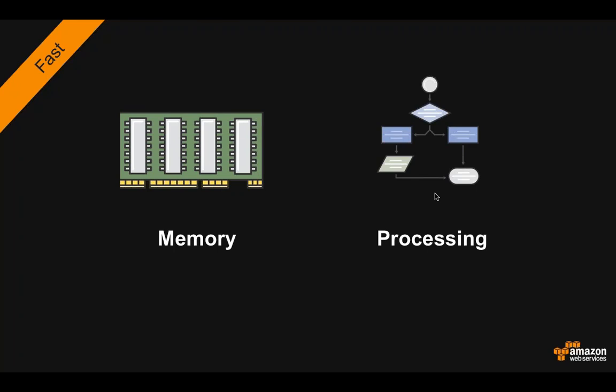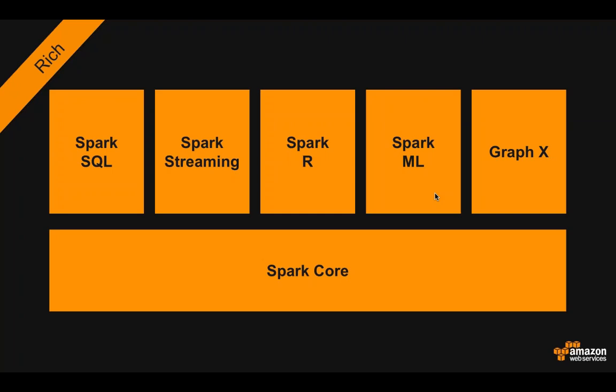The other reason that people like Spark and the reason that it continues its dominance is that it's extremely rich in the functionality that you get out of the box. You've probably seen this type of diagram before. Whenever Spark's talked about, it's always talked about in this way. Down the bottom, you've got the core Spark functionality, the core engine.